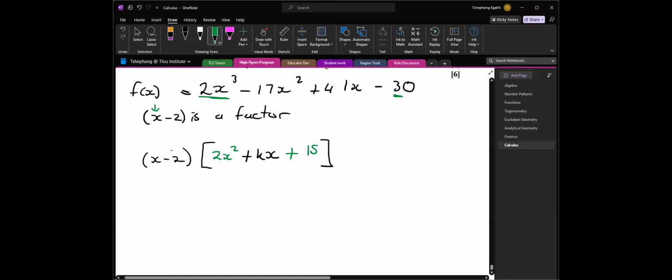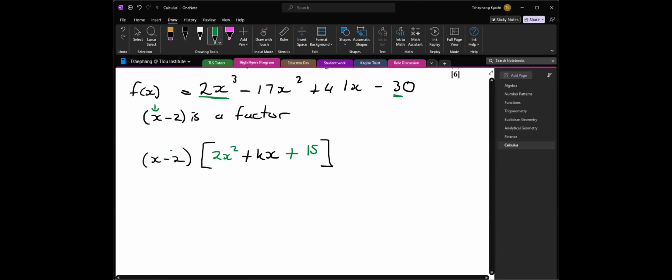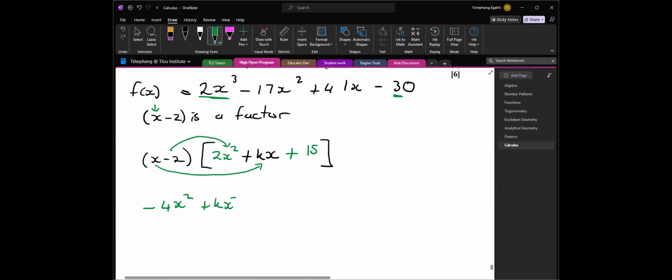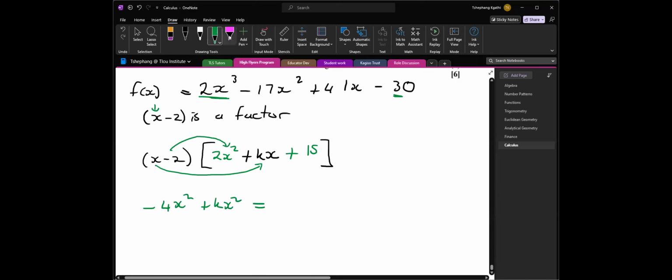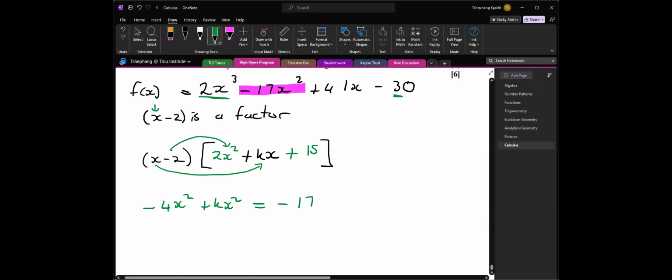Now, all we want is the x squared components. So I'm going to multiply this with that, and I'm also going to multiply these two, only those. So I'm going to have minus 4x squared plus kx squared, which must be equal to the x squared term in the original, which is minus 17x squared.